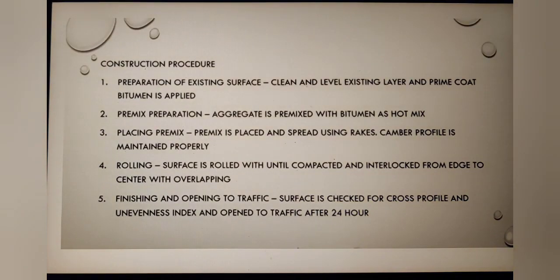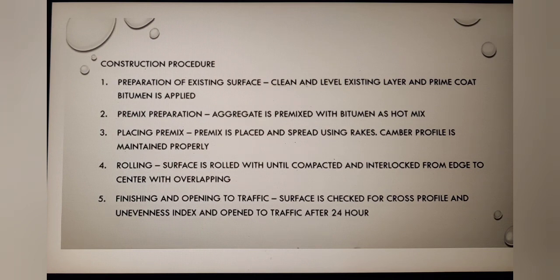Now the construction procedure. This is the detailed procedure. First step is you have to clean the subbase layer. Then prime coat is applied. After applying the prime coat, you have to spread the aggregate. The aggregate is already mixed with the bitumen in a hot mix plant.